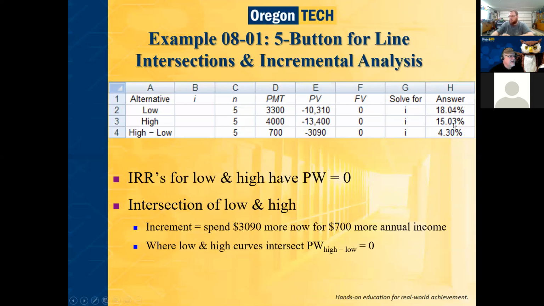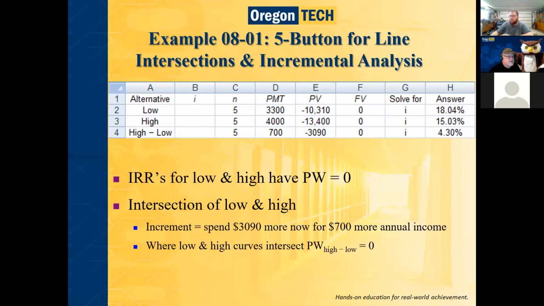This gives you the rate of return for that one. Now then, by subtracting the two, the more expensive versus the less expensive, they're basically trying to say, is it worth spending the extra money on that more expensive one? Incrementally, you get a 4.3% return by incrementally going to the higher cost version.